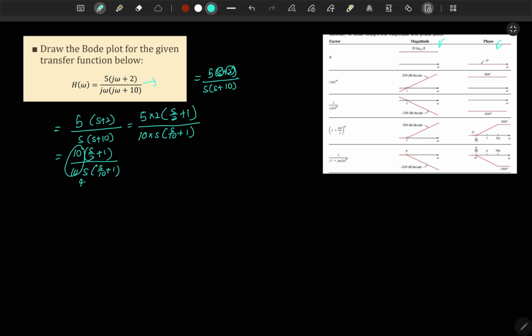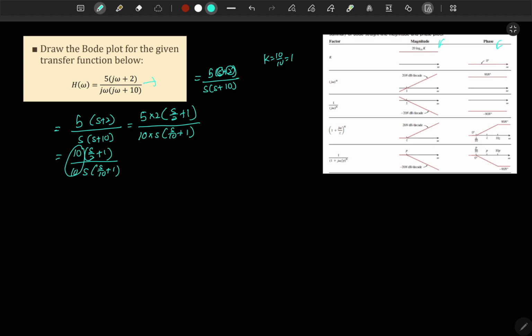So the s is let go, and the bracket is also ignored. Now the remaining number is 10 by 10, so our k is now 10 by 10, which is equivalent to 1. So you can write it here, k is 10 by 10, which is equivalent to 1. In any case that k is 100 over 10, then your k should be 10.